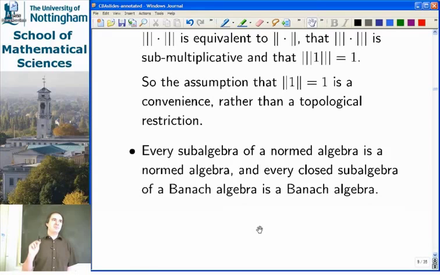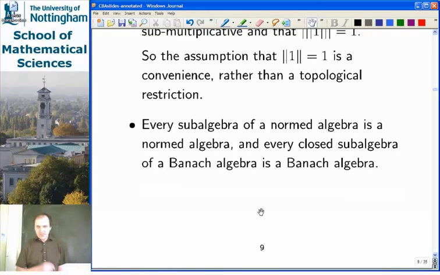You can just restrict the norm, and it's still a normed algebra. Of course, if you want to take a subalgebra of a Banach algebra and still be a Banach algebra, that means you want to be complete with the restricted norm, which means you must be closed. So closed means norm closed as a subset, and subalgebra as usual. So you can get new Banach algebras from old by taking closed subalgebras of them.